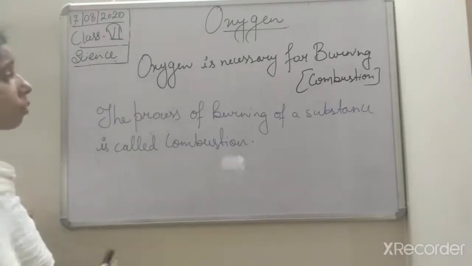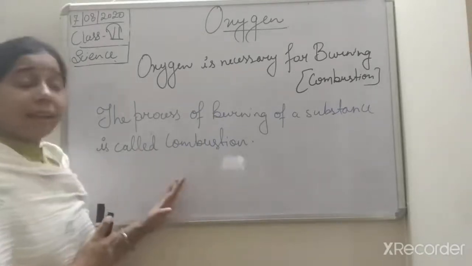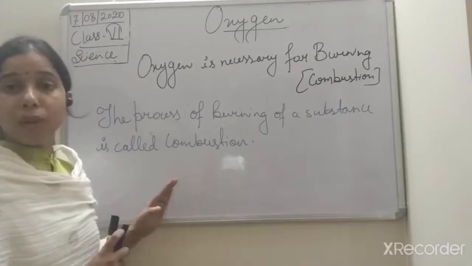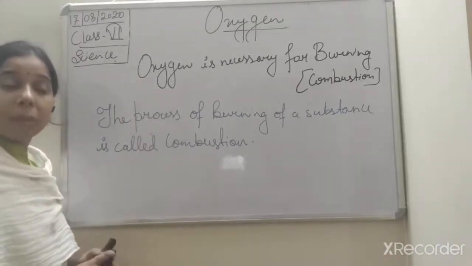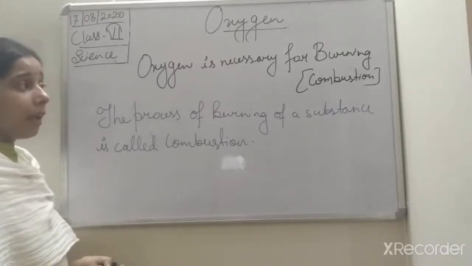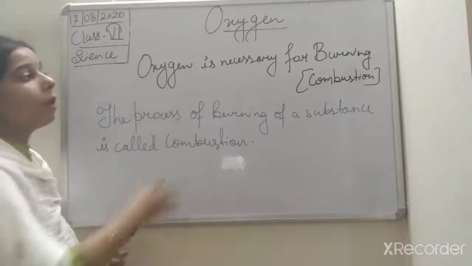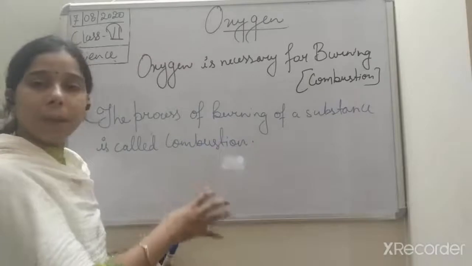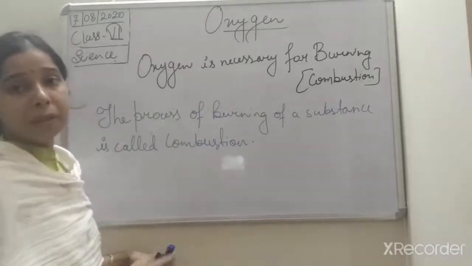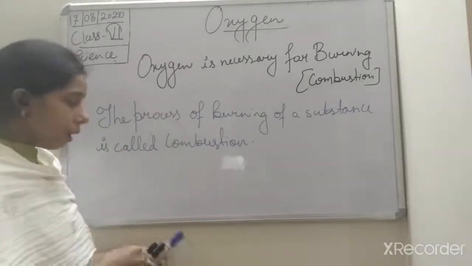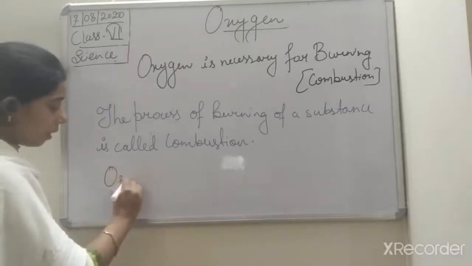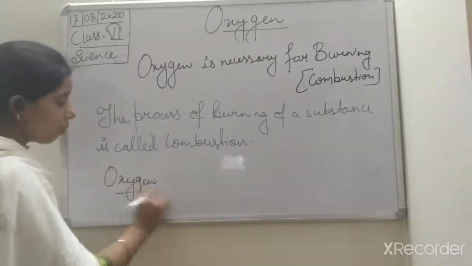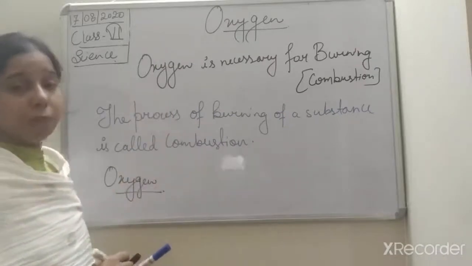If you see here, student, air is a good supporter of combustion. Means it is the air which helps in the burning. But when we talk about fresh air, or a continuous supply of air, here we are talking about the oxygen. So we can say that oxygen helps in the process of burning.